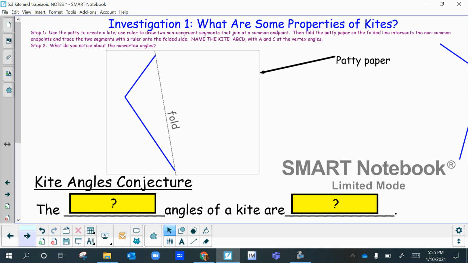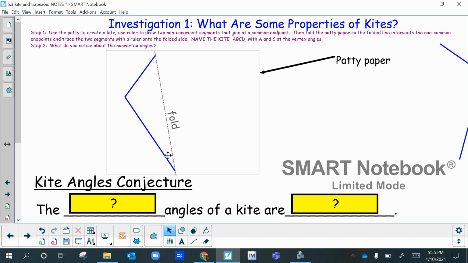What you're going to do is start off by drawing two non-congruent segments. That would be this smaller segment right here, and then here's another one. They join at a common point, so that's why you see them connected. Draw that right now on your patty paper if you have it.